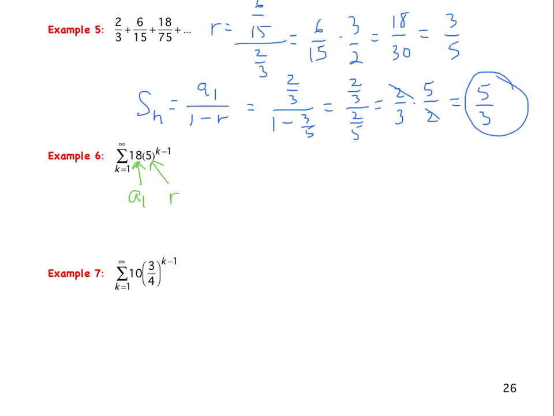Well, since I know that r is equal to 5 and 5 is greater than 1, this means that there is no sum. And the reason is because it is a divergent geometric series.